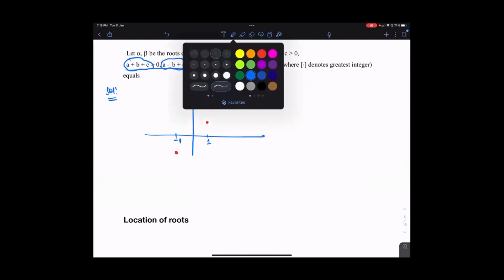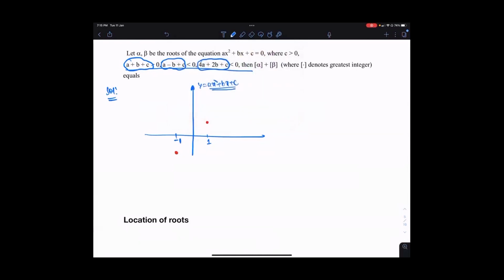By substituting x equals 2. If you put 2, the value of the function is negative. That is what they are saying. So how will the graph be? It's a continuous graph, so it has to be something like this, roughly.